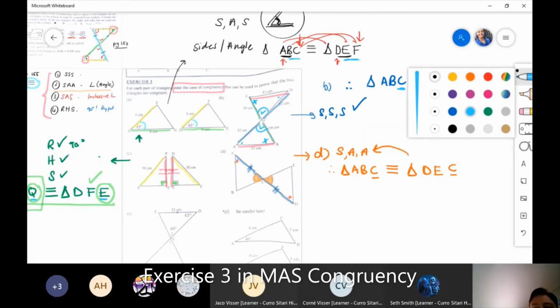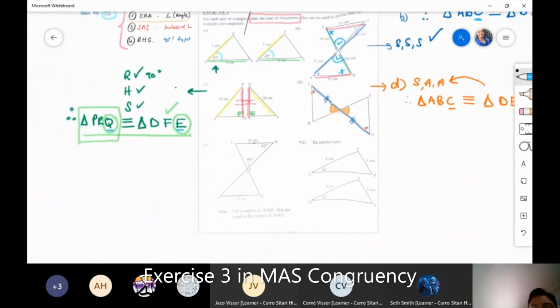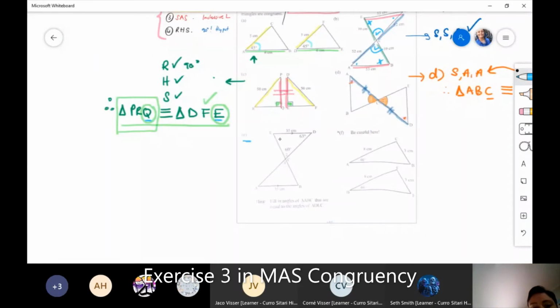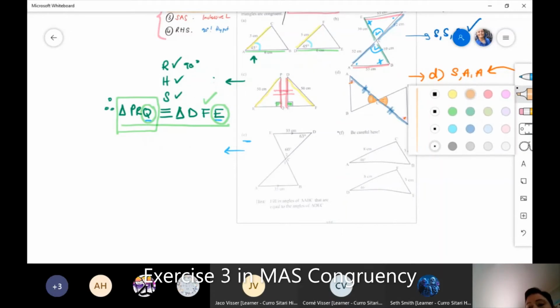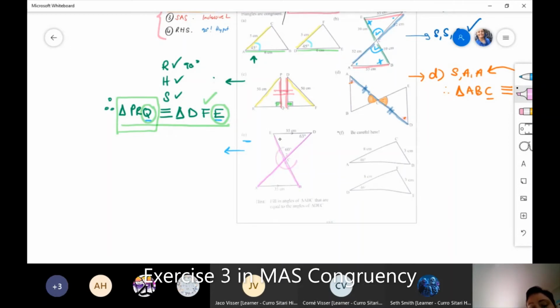We can see, okay, great. Number E. These are often triangles where you can immediately pick up on your vertically opposite because of this. You immediately pick up on the vertically opposite here. So this is where it's happening, okay?